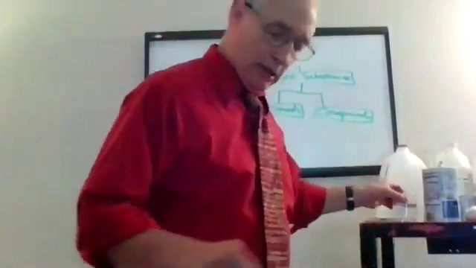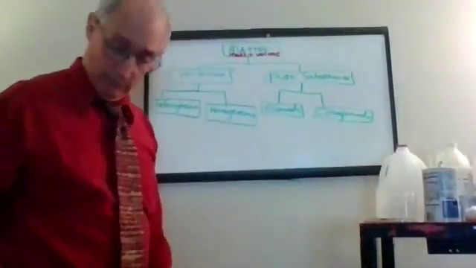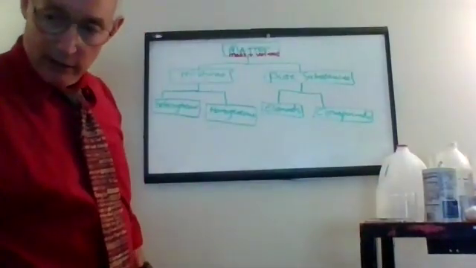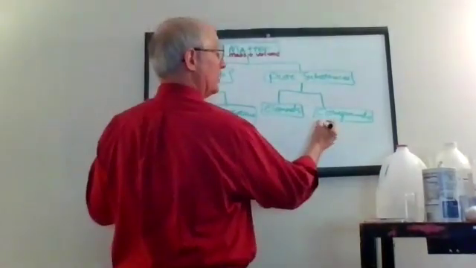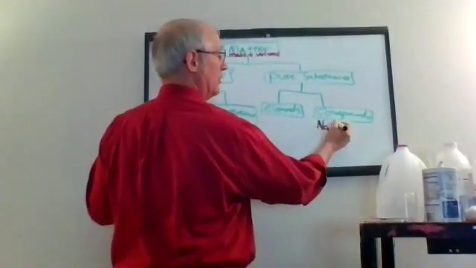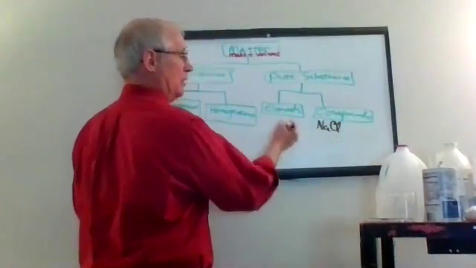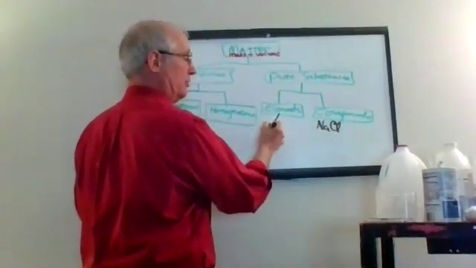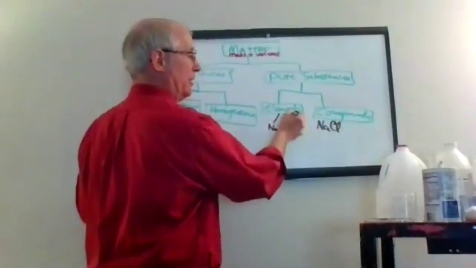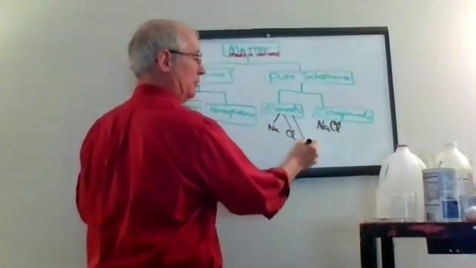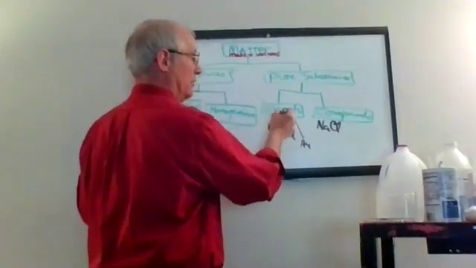Salt is what we call sodium chloride. Let me go ahead and write it in chemical form, since that's what we're starting to understand. Salt is sodium chloride, consisting of the elements sodium and chlorine. Other elements might be gold and iron.